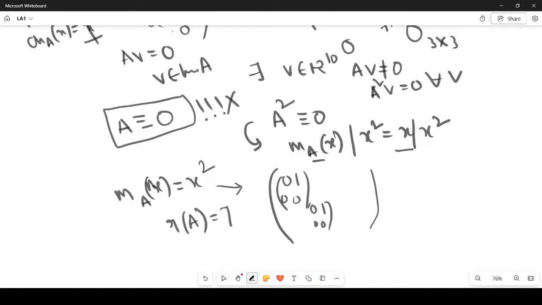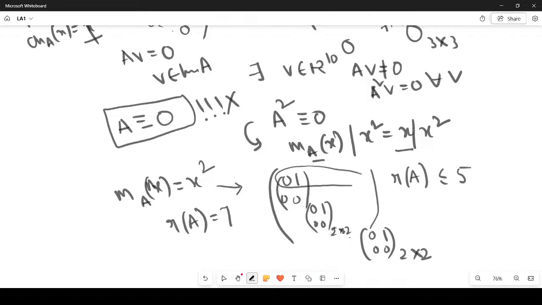In that case the total number of ones should be 5, so the rank of A cannot exceed 5. In the other case it will be all 0. So the rank of A will be less than or equal to 5, and there is a contradiction. So the minimal polynomial of A cannot be equal to x squared.